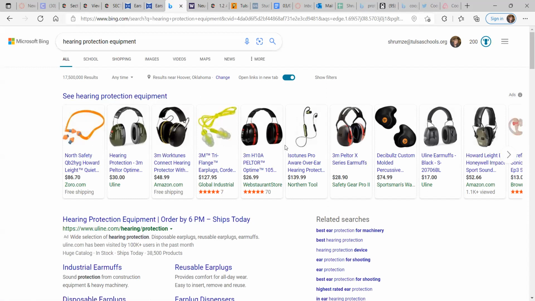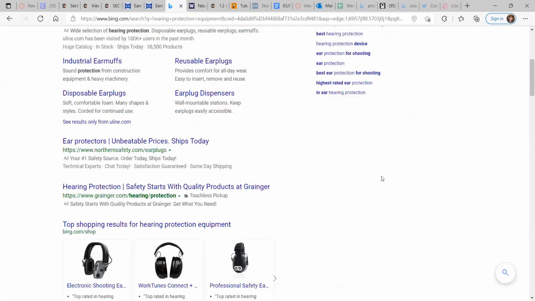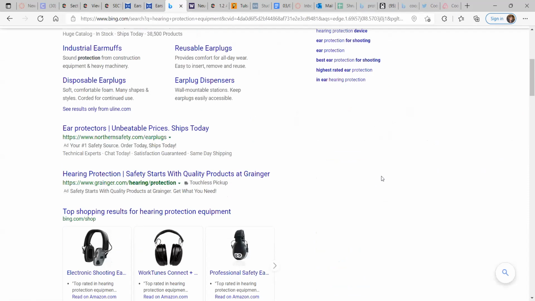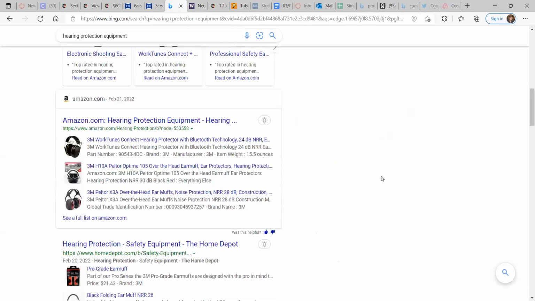That's more if you're working on like construction or very heavy machinery. These smaller ones can also work, but the more decibels you're likely to be exposed to, the heavier the hearing protection generally is.